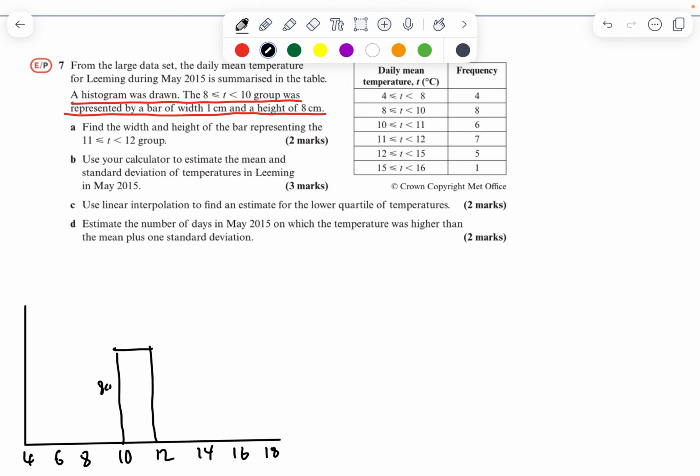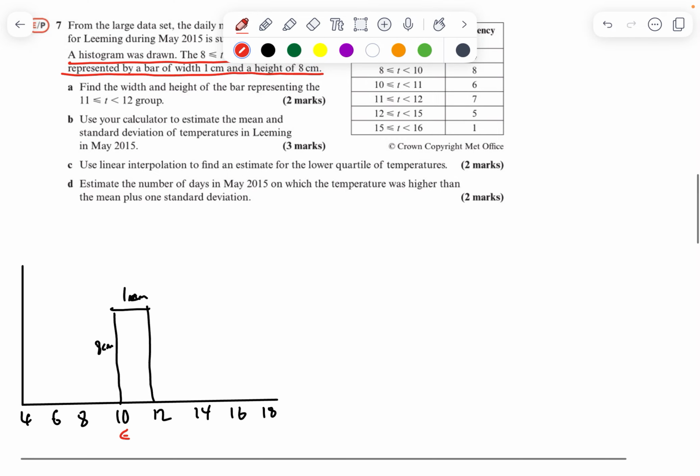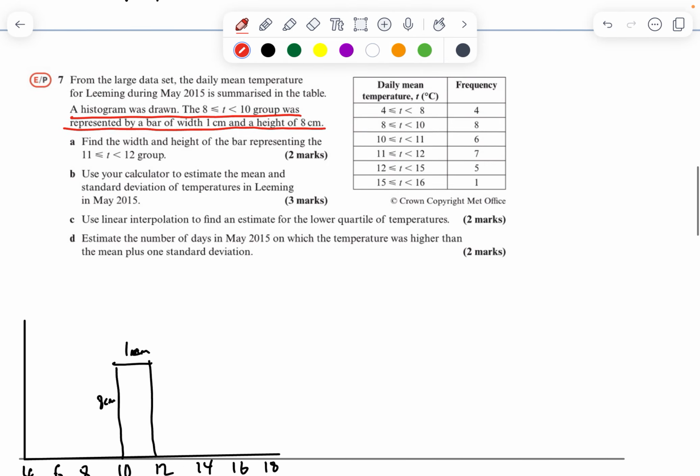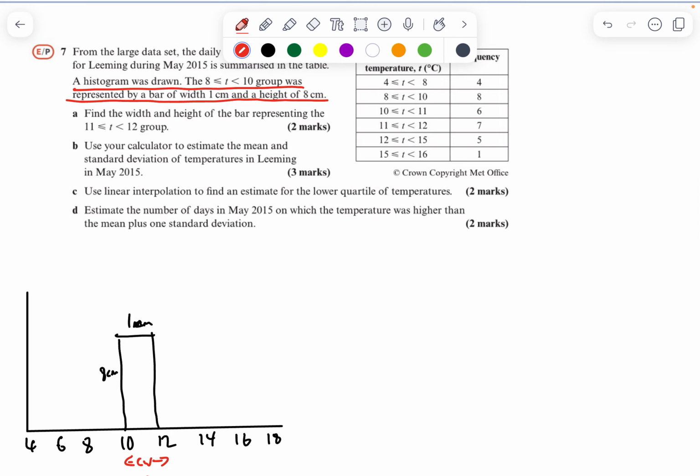The height is 8 centimeters. The width is 1 centimeter. Okay, but we can see that actually our class width is 2. And we know that frequency is equal to the frequency density times the class width.